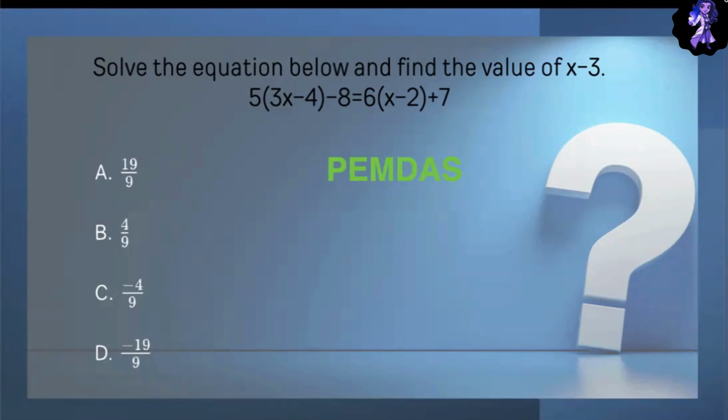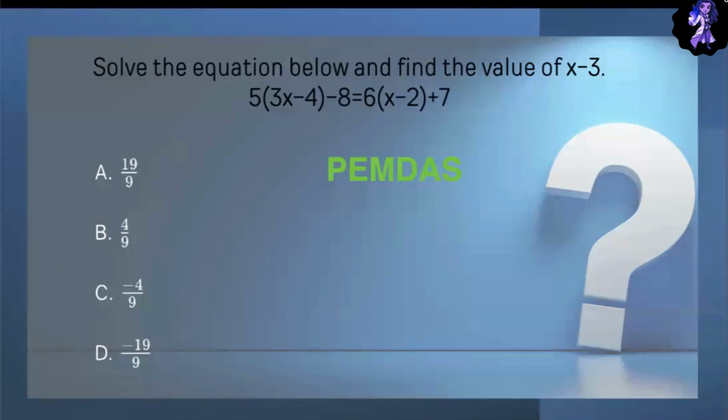As you can see on the screen here, you see the term PEMDAS, and I just put that in there because I want you to understand that this is the way that you're going to solve the problem. You may have solved the problem correctly, and you may have used PEMDAS as well because you might have heard that term, but I want to review what that term stands for.